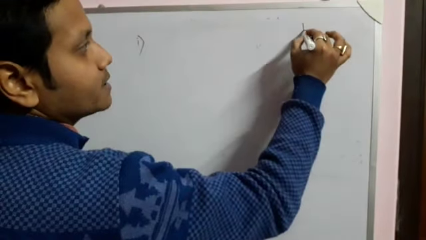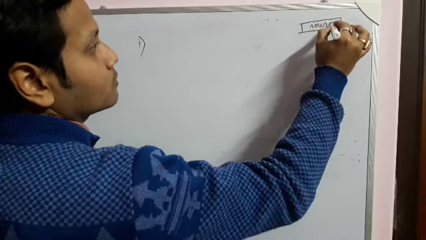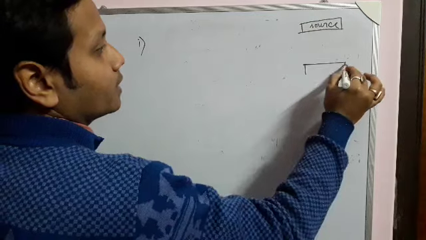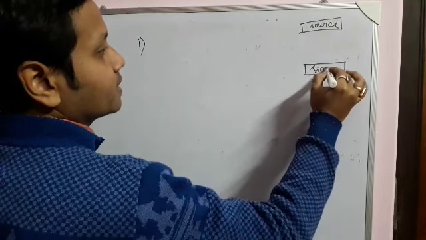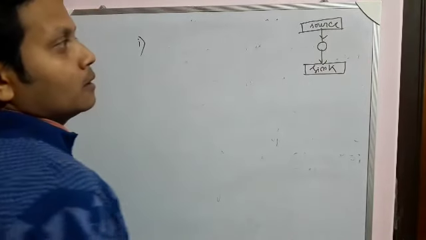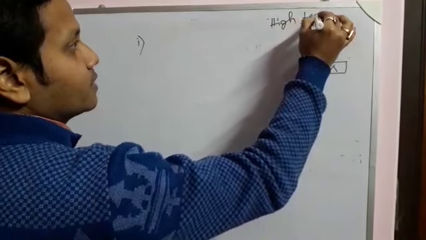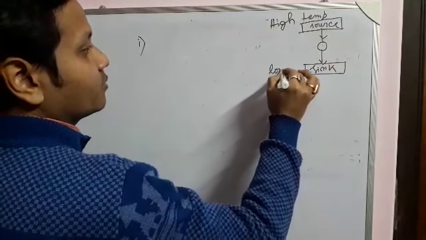At high temperature it absorbs heat from the source, and at low temperature it rejects heat to the sink. This is at high temperature, and this is at low temperature.